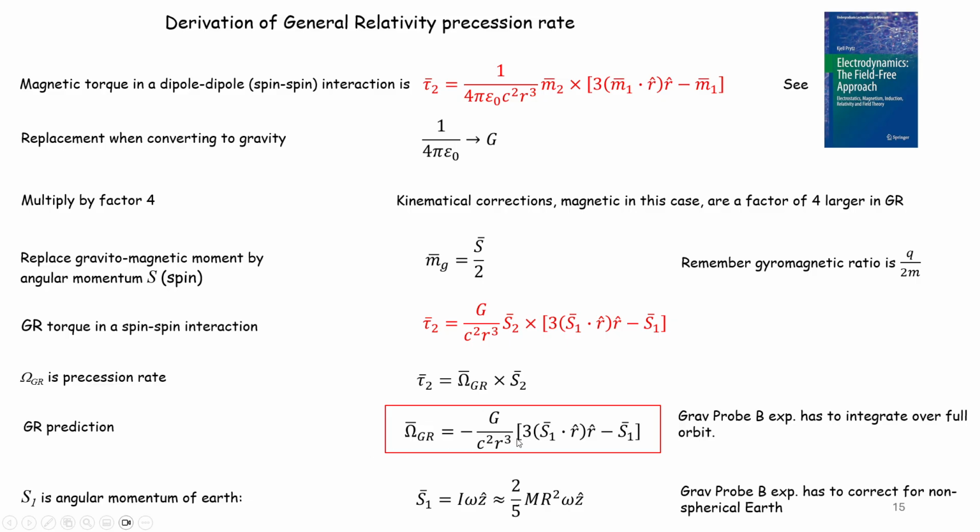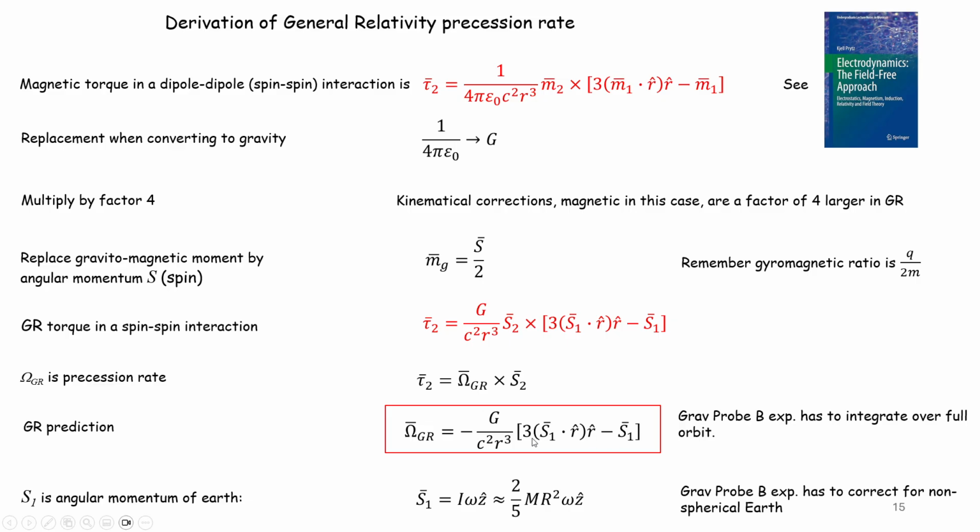So this is the formula that this experiment, Gravity Probe B, applied. They made a calculation and checked the number. Would this be possible to measure? They found an experimental method, and they found that it would be possible to measure if we do it accurately.